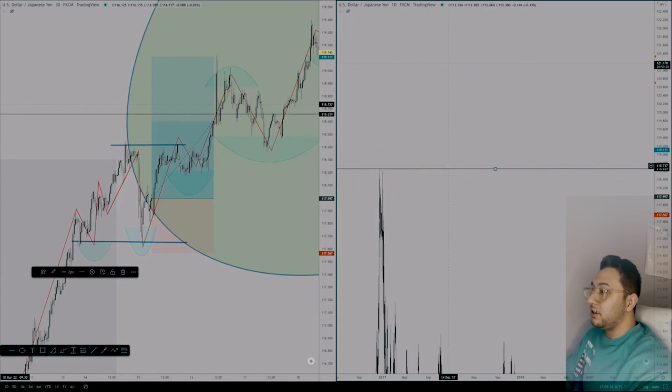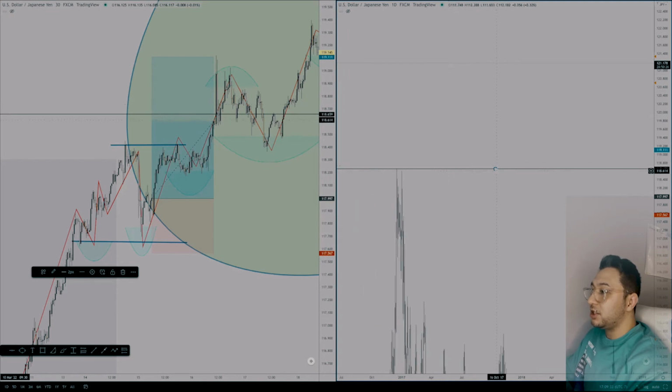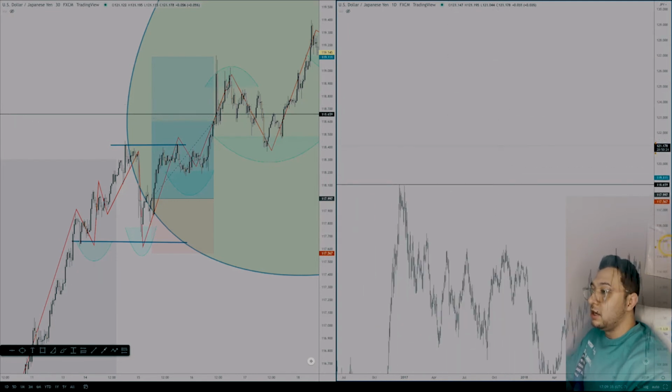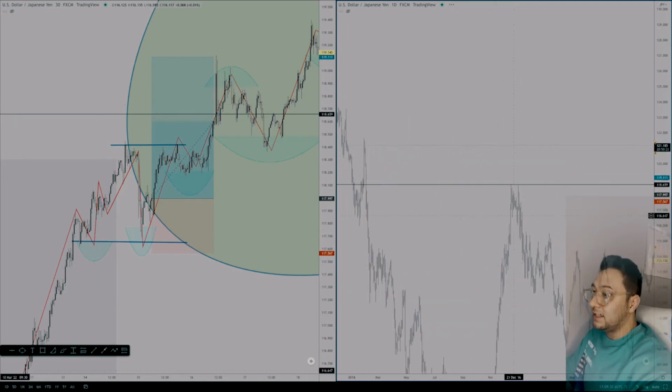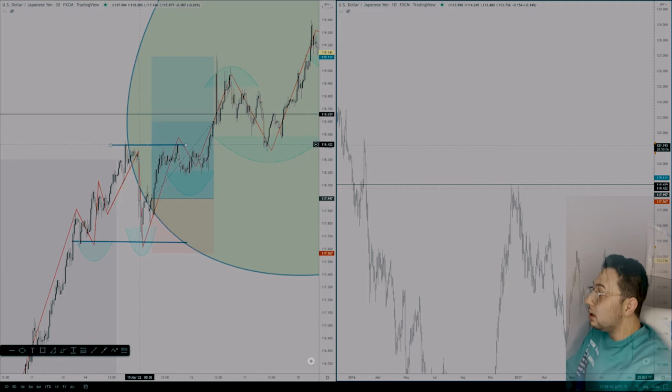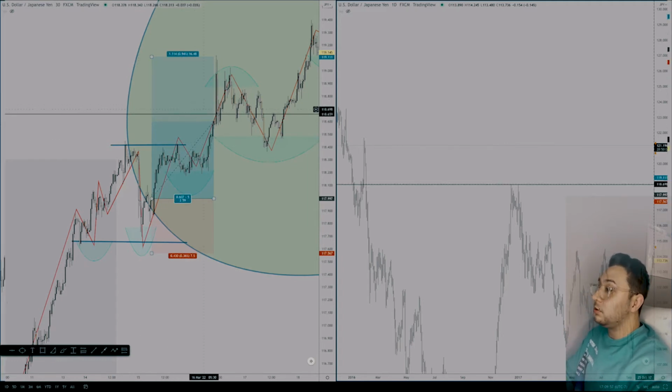So right around this area you could expect some type of reaction just based off of previous behavior, because the market hasn't been that high since December 2016. So one could expect, okay, you already have this level marked up. You could see this area as an important area of previous resistance, a higher time frame key level. And then you anticipate, okay, if this previous high breaks, then there's going to be momentum to push it up to this next level. And it's that simple.